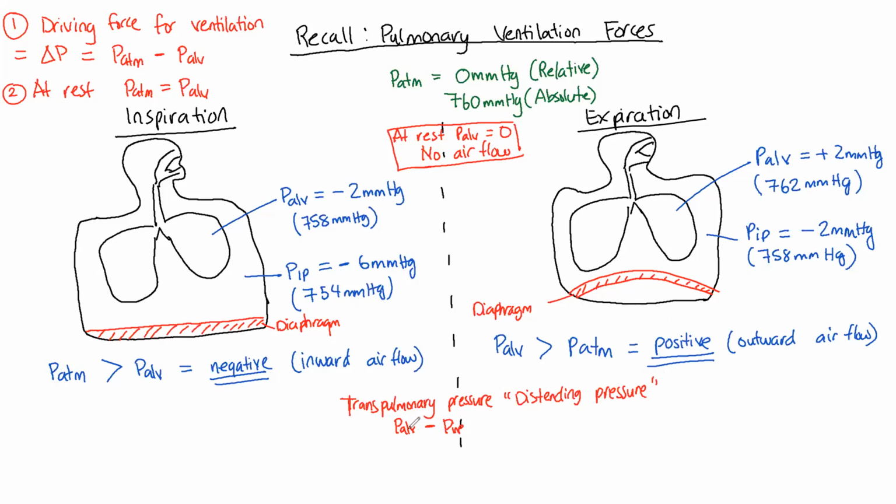And so if we think about alveolar pressure being -2, intrapleural pressure being -6, that's going to end up being 4, okay? And so that's going to be its highest value. So the transpulmonary pressure is going to be 4 millimeters of mercury during inspiration.